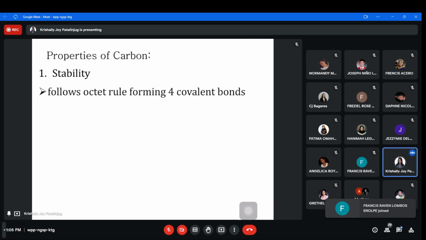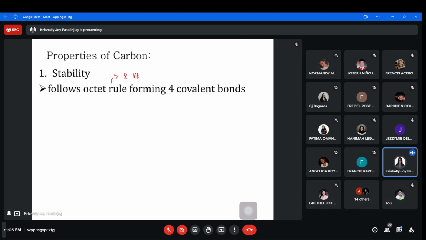The octet rule means it attains 8 surrounding valence electrons. And those 8 valence electrons are shared by 4 covalent bonds. So in a structure, the carbon atom may have 4 single bonds, covalent bonds.